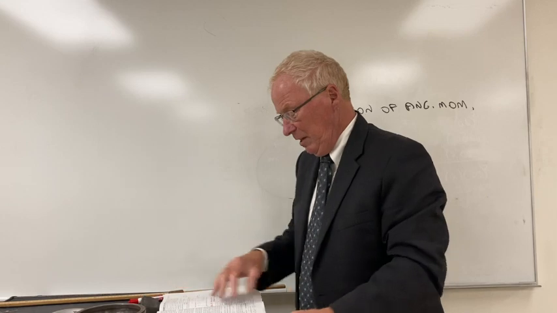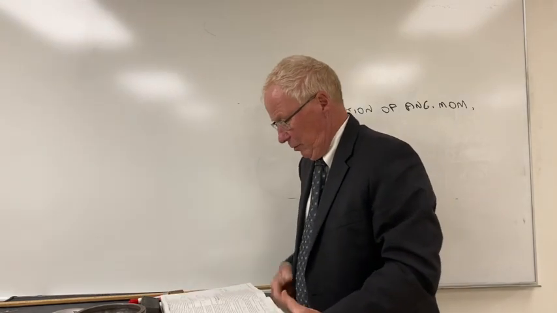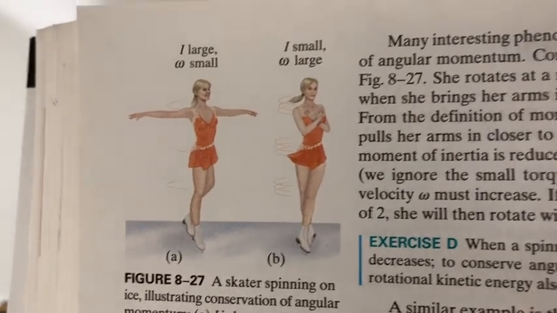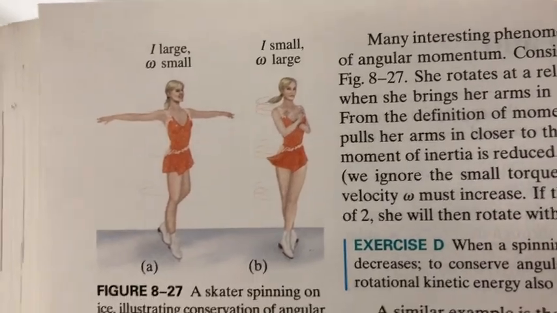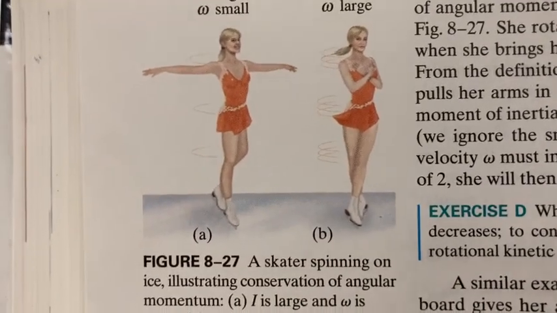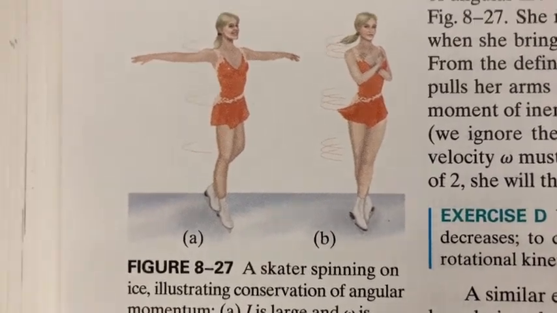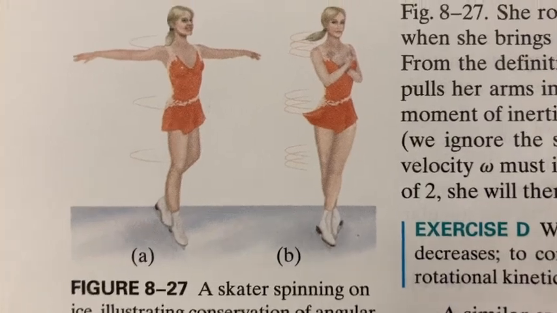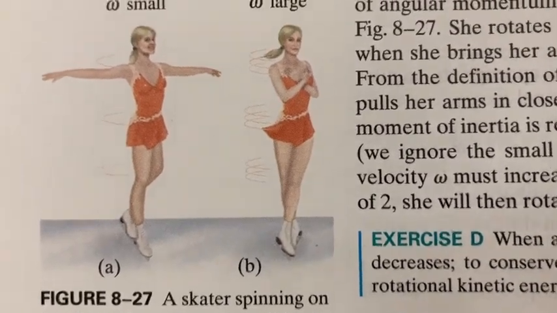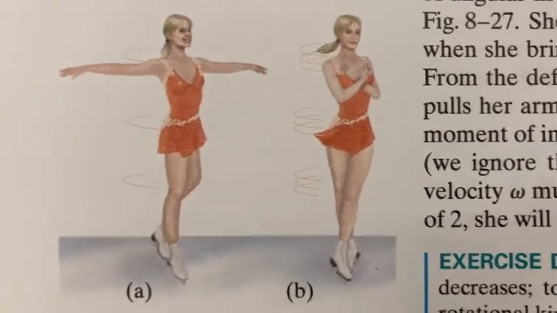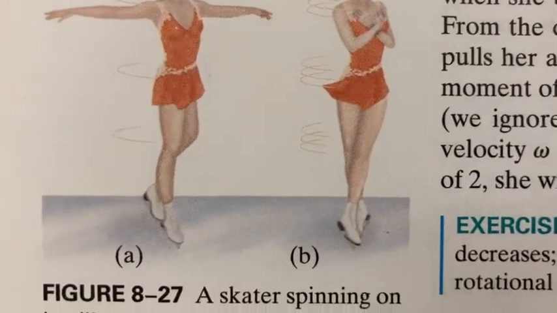And the concept here, I'll just bring up the picture again, if you've seen it, of a figure skater. When she has her arms out, she'll rotate relatively slowly, but then when she pulls them in, she's actually changing her moment of inertia because her weight is now distributed more towards the center, and she will go faster as a result.